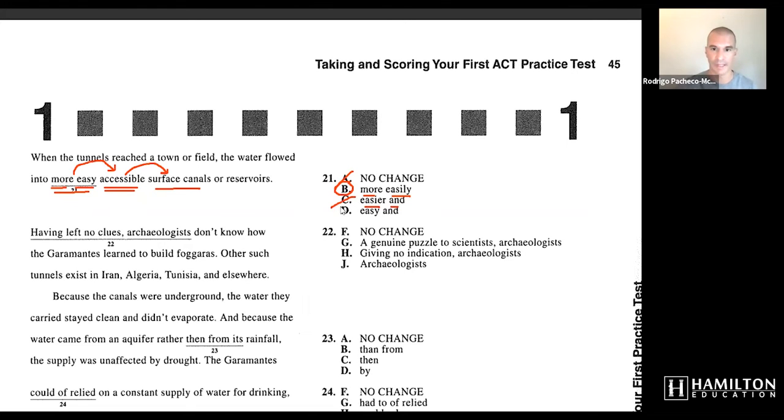So we can eliminate C. And D, easy and accessible surface canals. There's an issue with this modifier. It would actually be modifying surface canals and not the fact that they are more easily accessible. So we can also eliminate D.